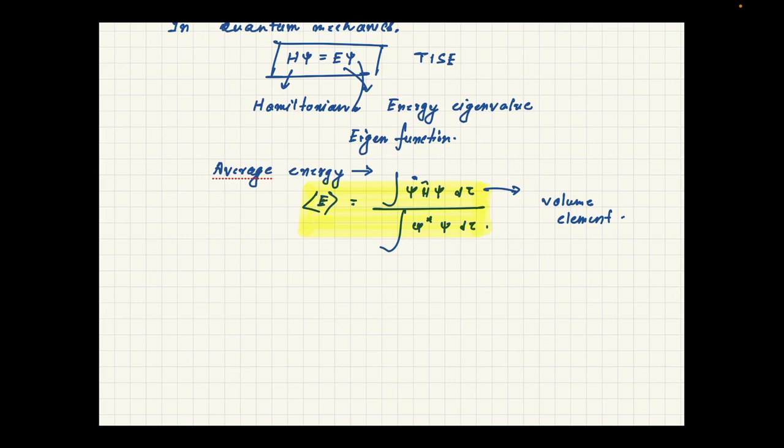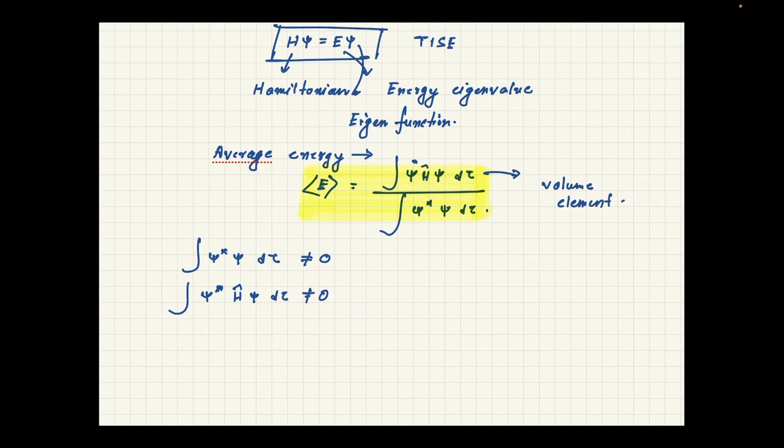Now, to get a non-zero value of average energy, the integral of psi star psi d tau has to be non-zero, that is, psi has to be normalized, and the integral of psi star H psi d tau must not be equal to 0. So this is the Hamiltonian operator.